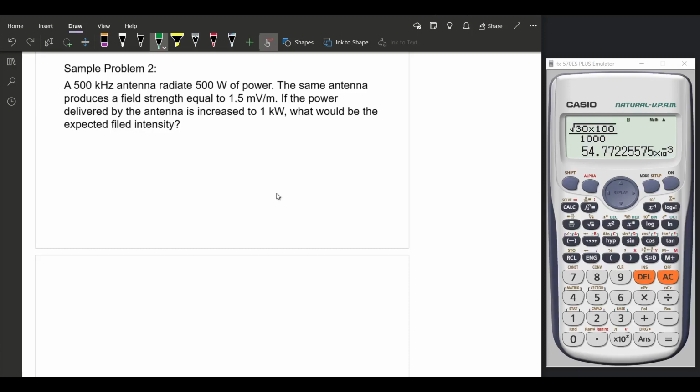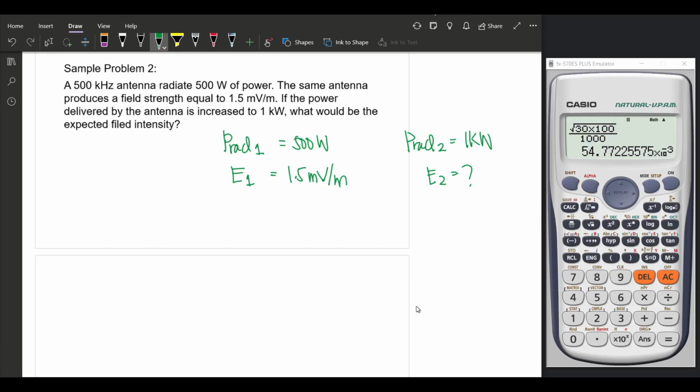So you have this power, let's say 500 watts, then its field strength, which is E, is 1.5 millivolts per meter. What will the field strength be if the power becomes, so this is power 2, 1 kilowatt?